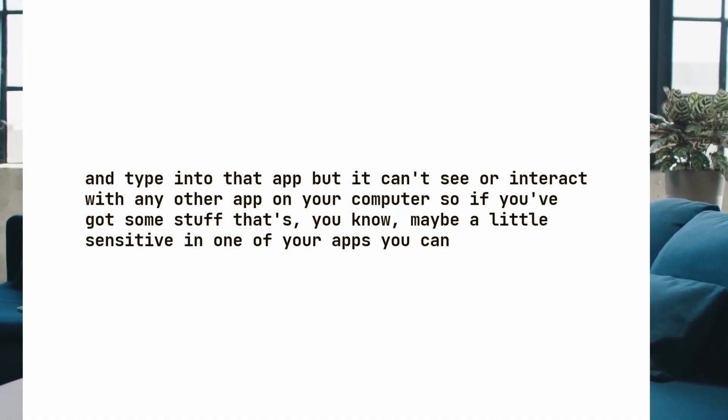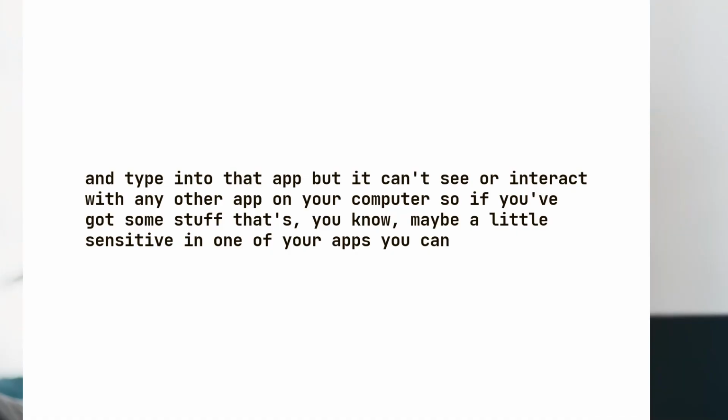And one of the things we've done here, we've made computer use so that it can only access applications you permit each time. When Codex tries to use an app, you run the app for the first time and it prompts for your permission. Once you say yes, Codex gains access and can type into that app, but it can't see or interact with any other app on your computer.